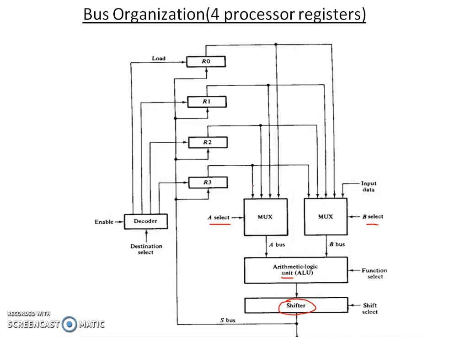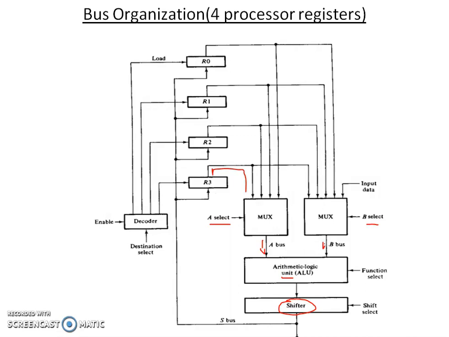From the registers, the inputs are taken, and the connections are given like this. Either R3 can be given as the first operand or as the second operand. The first operand goes via the A bus, and the second operand goes to the arithmetic logic unit via the B bus.